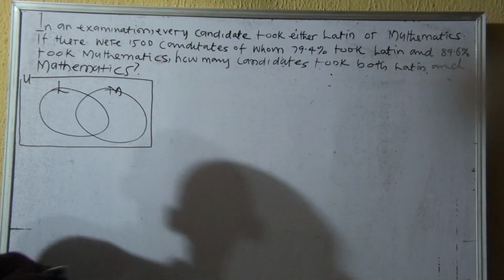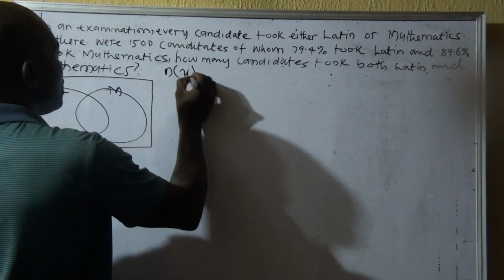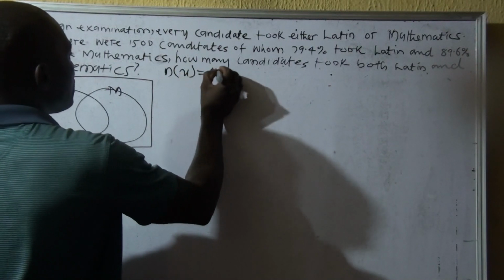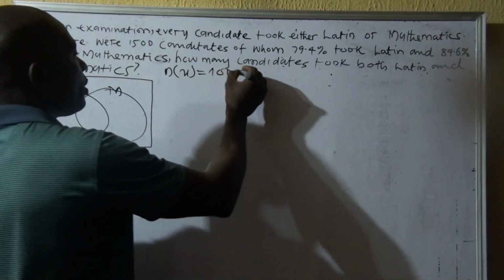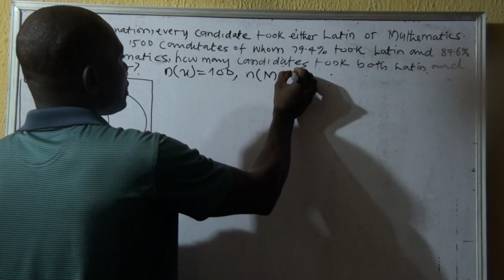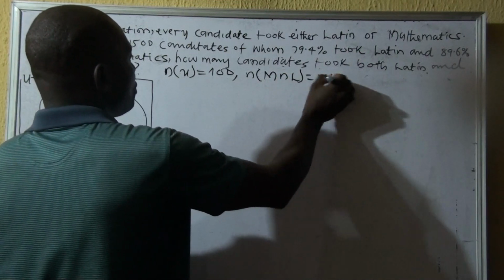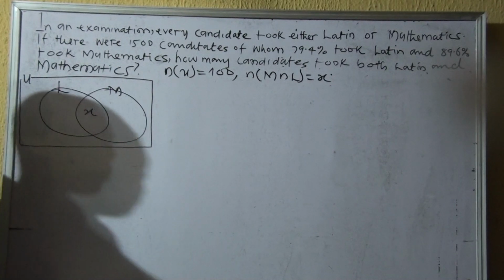Assuming the universal set is, because of percentage, 100, and we let the number of those who did both subjects, mathematics intersection Latin, be x. So we put x here.